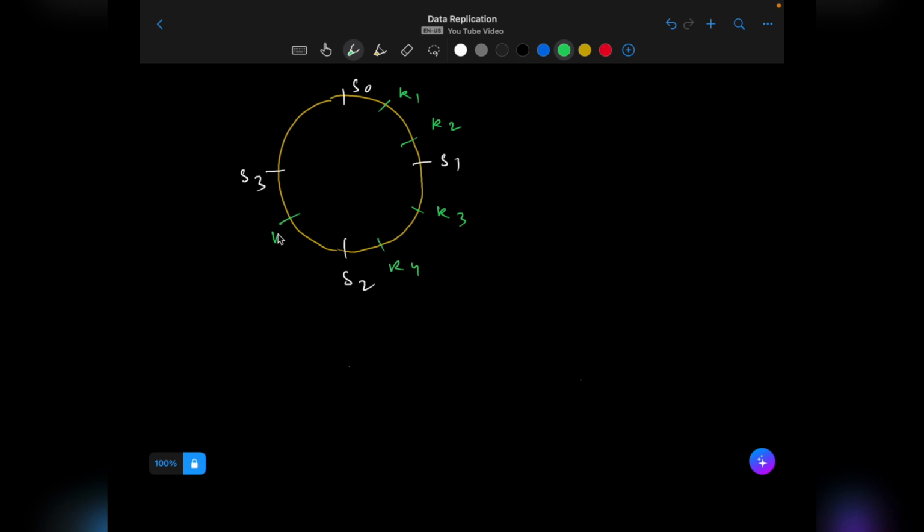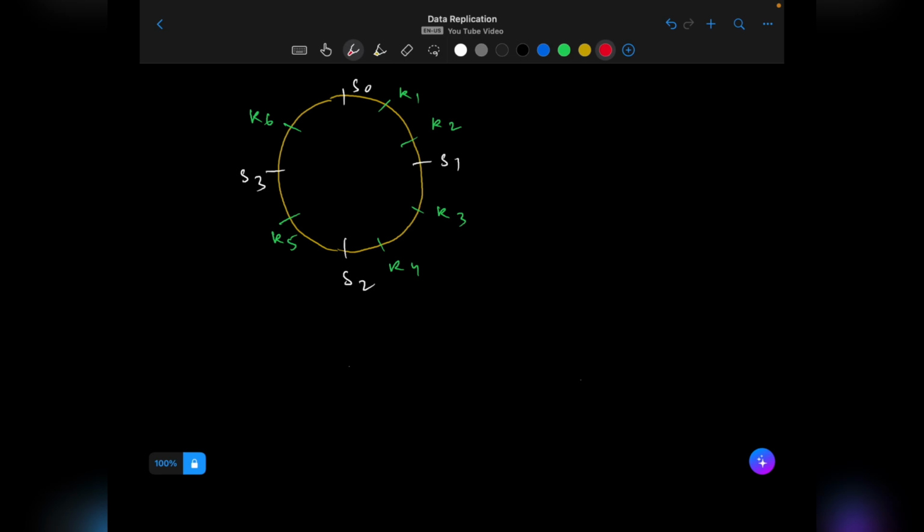So consider a scenario, just replicating the data partition thing. I have a hash ring with, say, 4 servers, S0, S1, S2, S3, and the keys are distributed evenly through our consistent hashing technique.